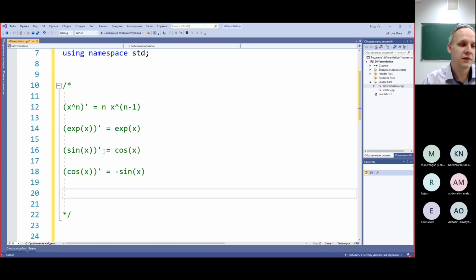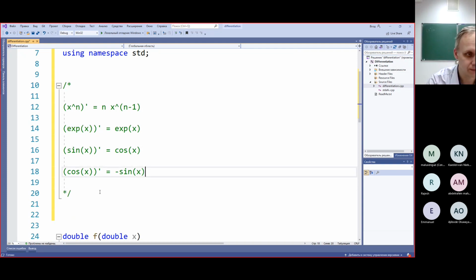It means that we don't know the formula, but we know the values of this function at several points. And using these values, we should somehow estimate the derivative at these or other points.